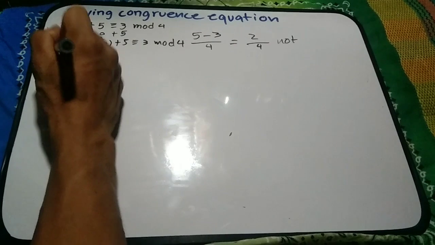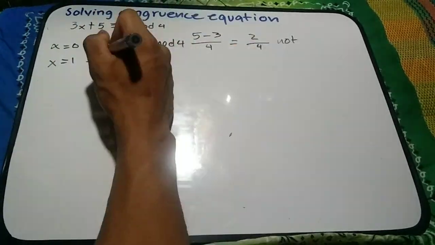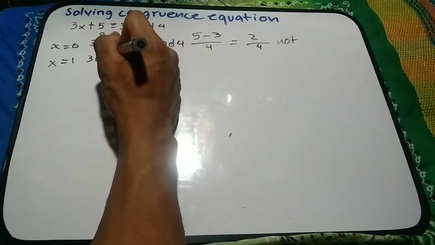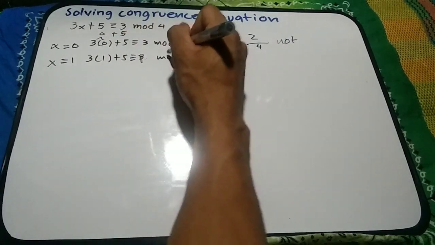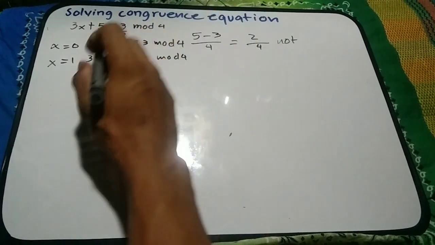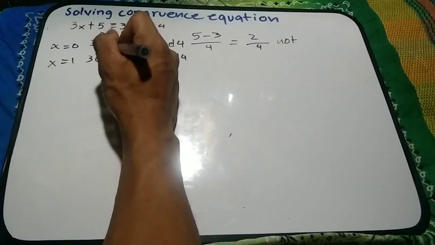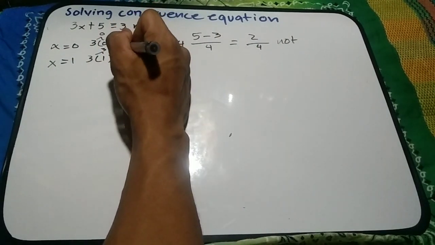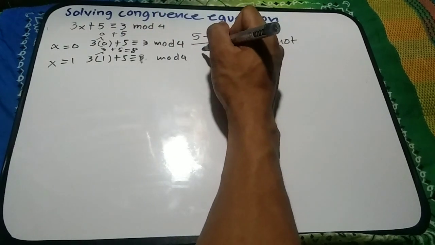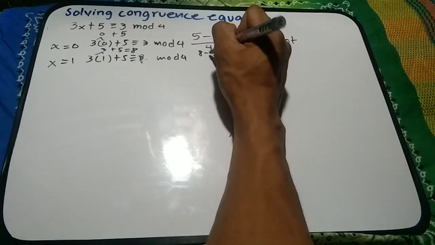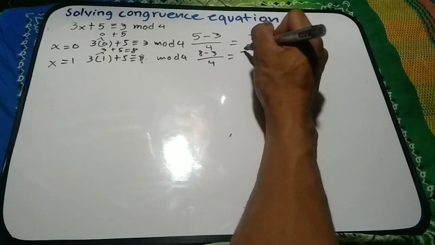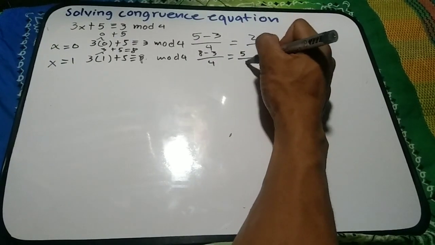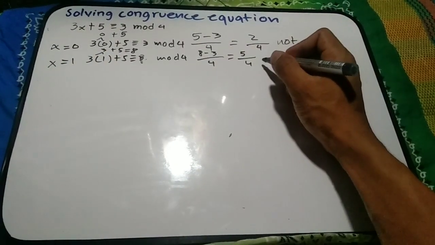If x is equal to 1, 3 times 1 plus 5 congruent to 3 mod 4. 3 times 1 is 3 plus 5 equals 8. So 8 minus 3 over 4 equals 5 over 4. 5 over 4 is not a whole number.